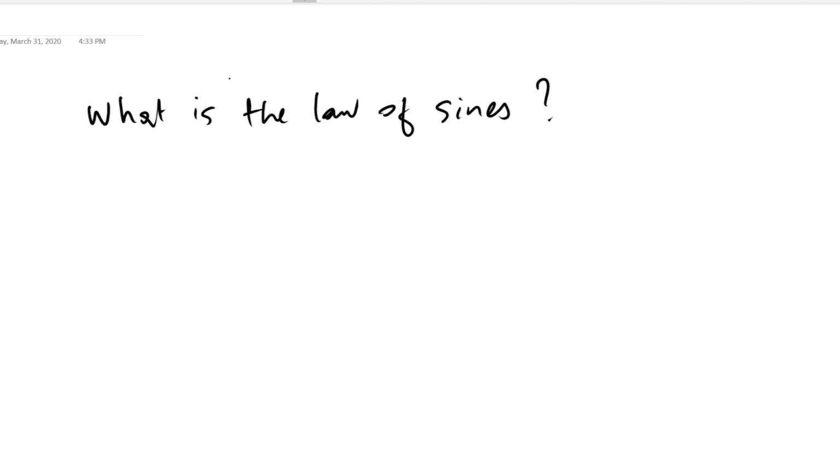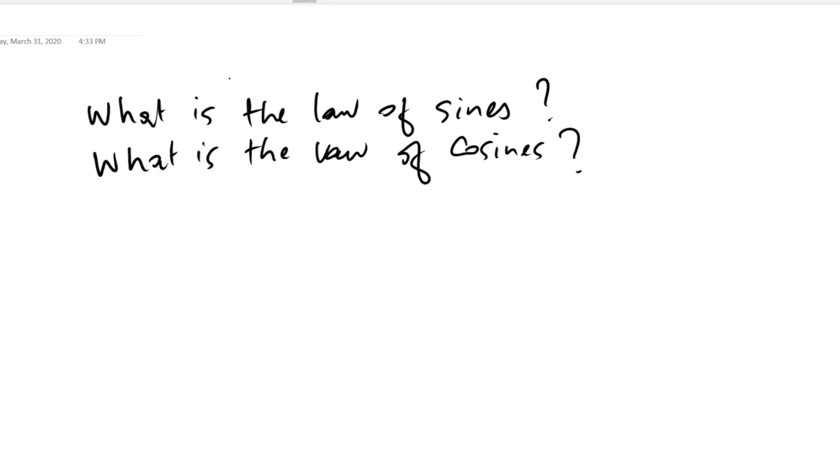So the problem was: what is the law of sines, what is the law of cosine, and when do we use them, right? So let's go ahead and talk about it.